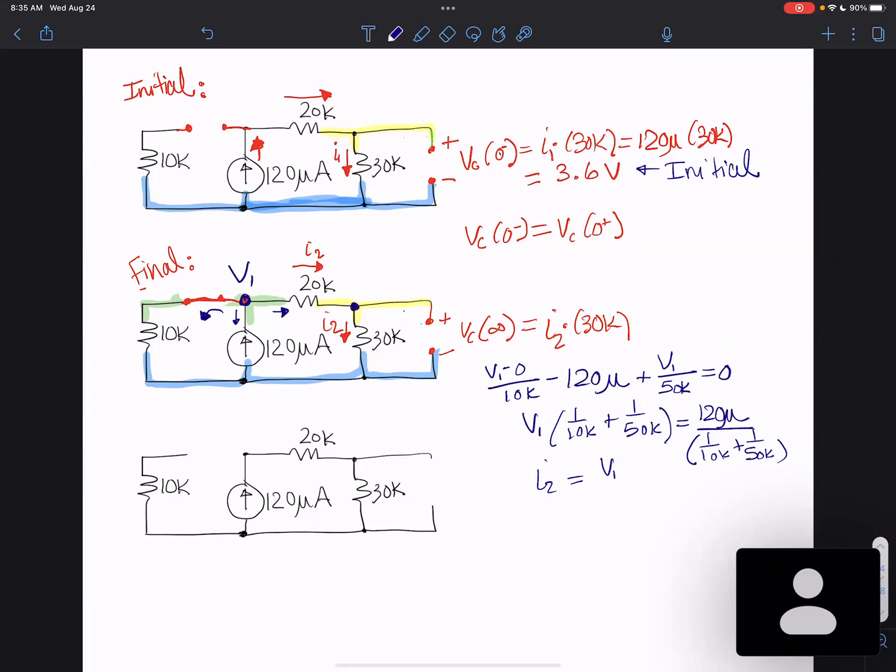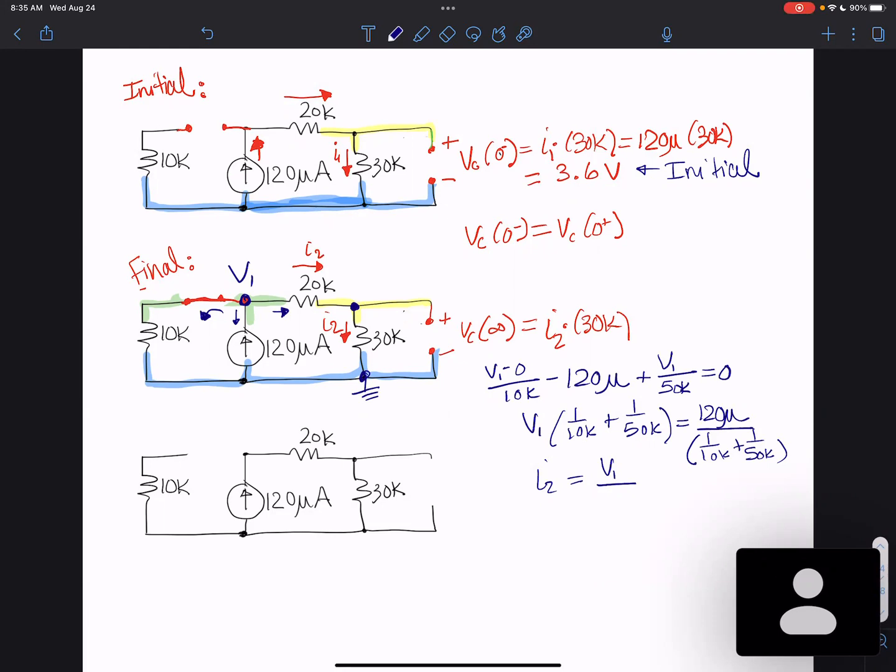Since I don't know V2, instead of adding in a V2 right there, I could just do this. This has been acting as my ground, and I2 goes through the 20K and the 30K. So it'd be easier just to use Ohm's law, V1 minus 0 over 50K. Does that make sense?